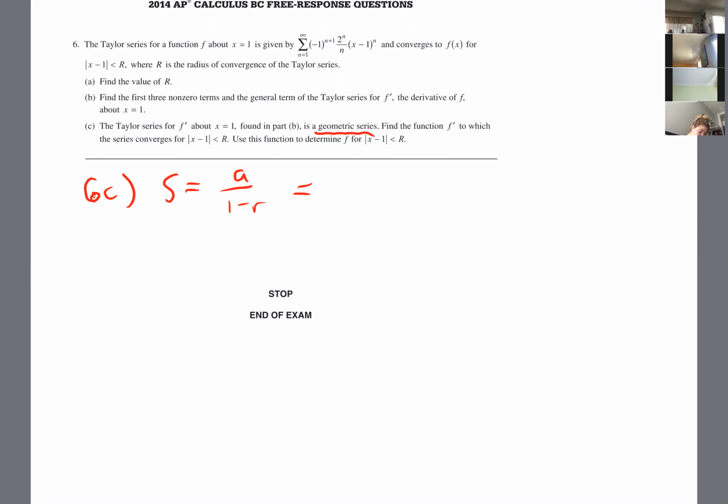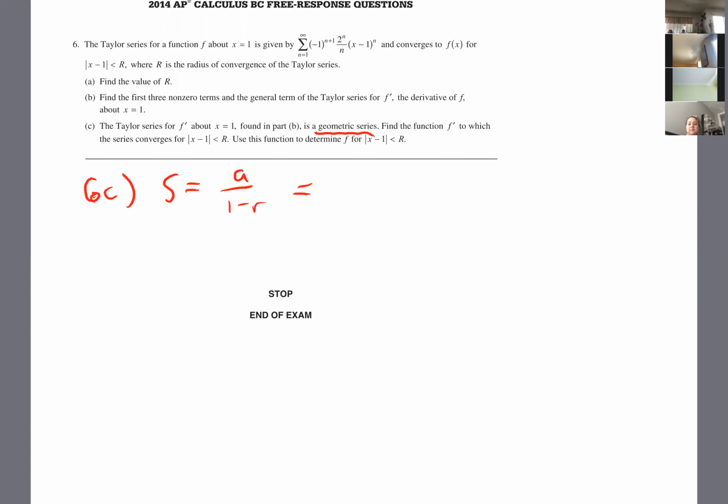So maybe you need to do B first. I think you need the answer for B, which is the derivative. Okay, so maybe I'll just find the derivative here.